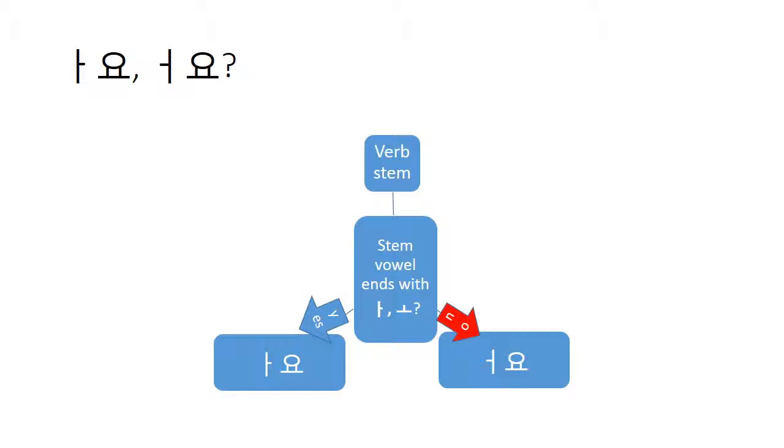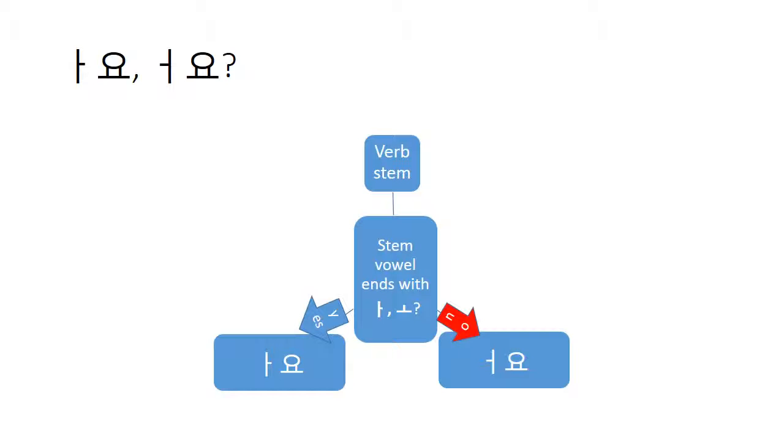Take the 다 out and only look at the stem. 자, stem, now we are not talking about consonant or vowel ending. We are only looking at the stem vowel. And if the stem has multiple syllables, you only look at the final syllable.